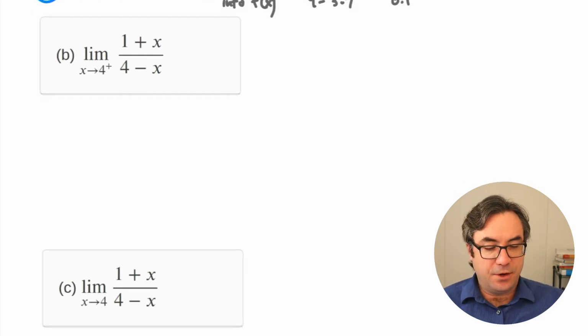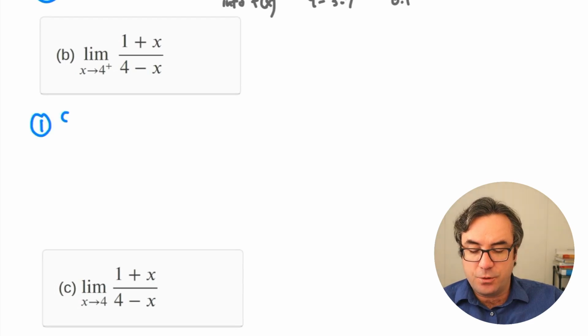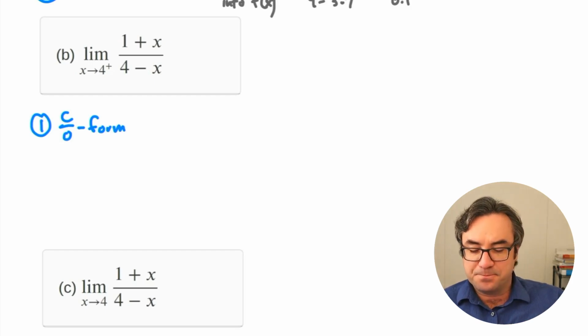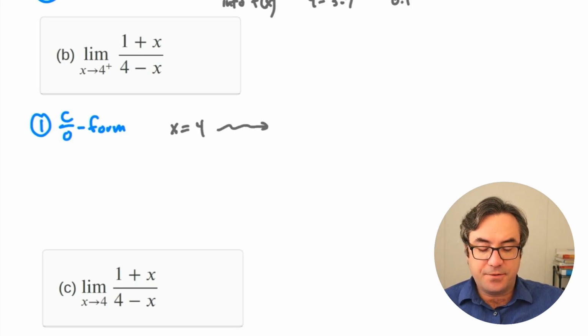So x is going to be approaching from the right. So let's, again, first step, we want to show that we have a c over 0 form. Let's just pretend that this is a brand new problem here. So what we would do is we'd take, in this case, x equals 4, the number x is approaching, and we just plug it into the function.